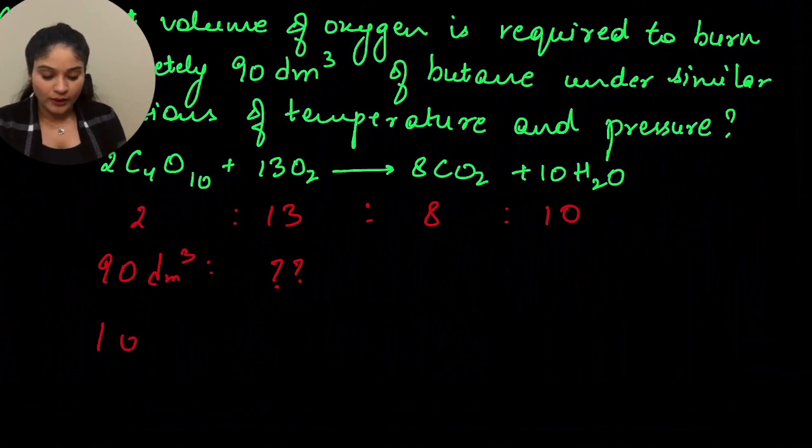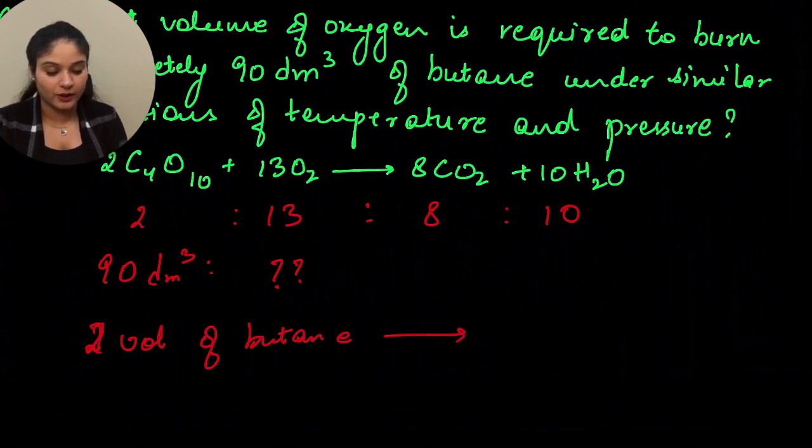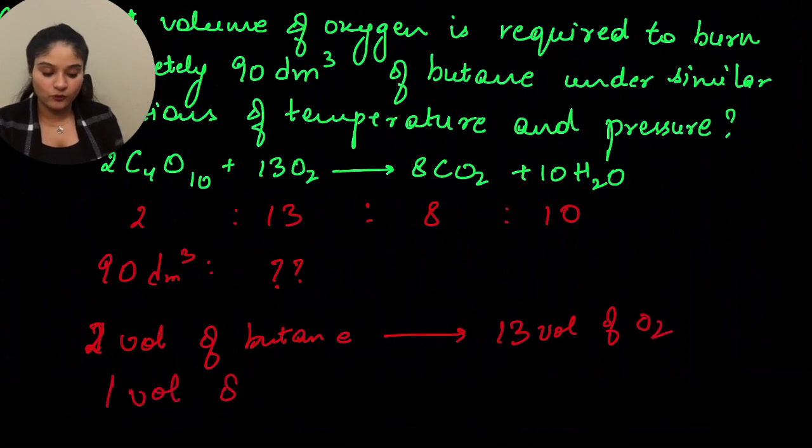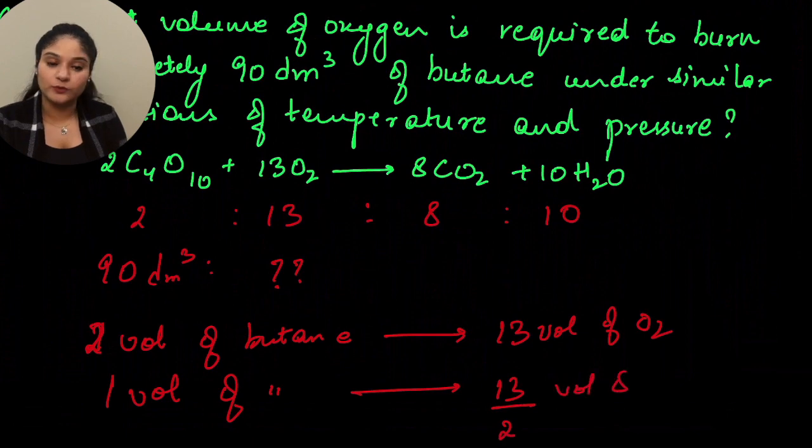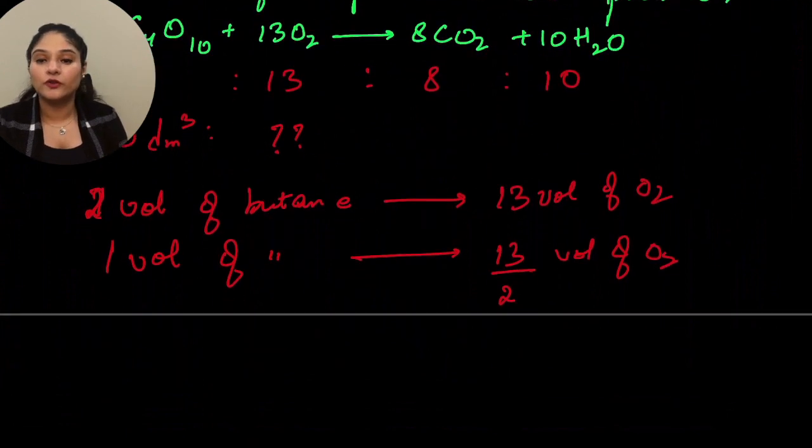So 2 volumes of butane require 13 volumes of oxygen. And when I talk about 1 volume of butane, that will require 13 by 2 volumes of oxygen. We are looking for 90 liters.